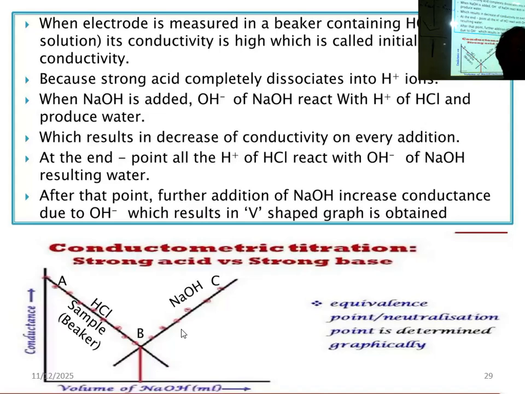Why does it happen? Try to follow. When you add more and more alkali from the burette, dilution is there. It is getting diluted, and at the same time you are adding ions. So ions are increasing, and due to dilution they are decreasing. These two are balancing each other at that particular point. Why?